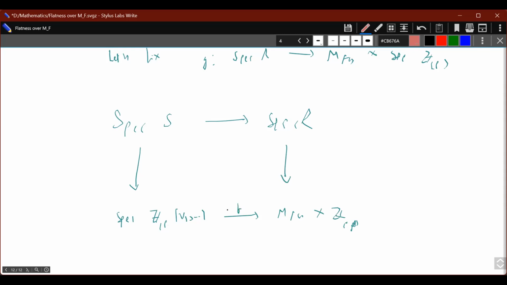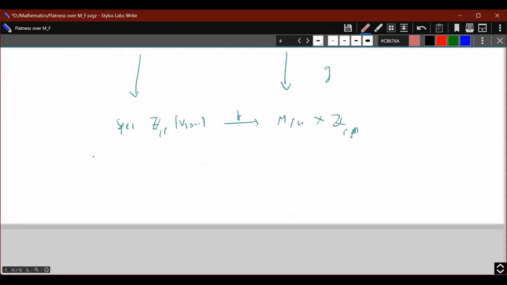Okay, so we saw previously that this map G is fully faithful. So therefore it suffices to check that. So this one, let me write it down.